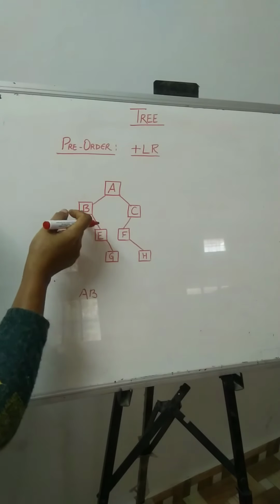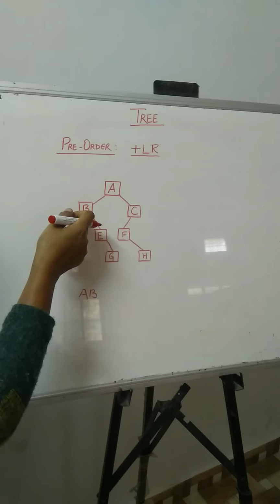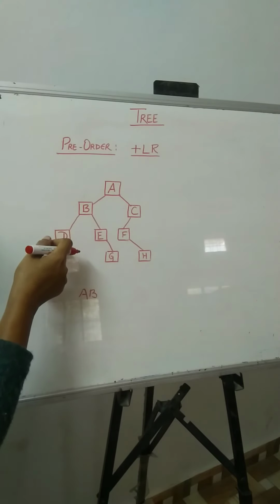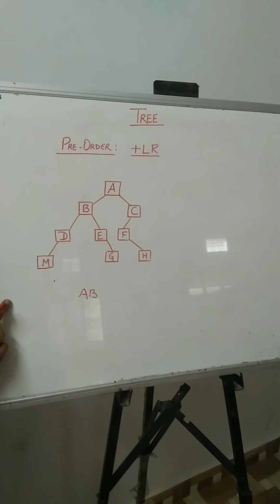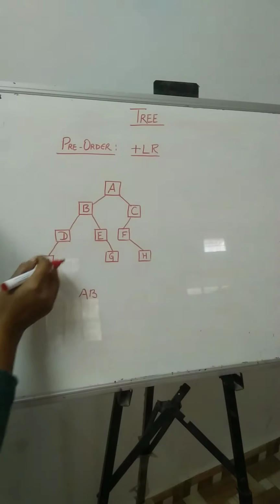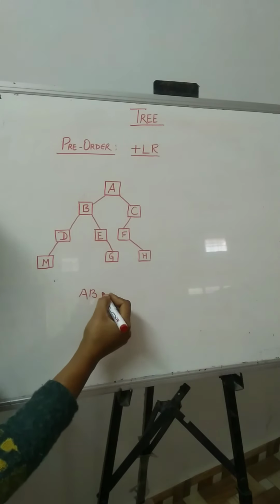Then we move to the left side of the B node, that is D. D also works as a root node because D node also has a branch.